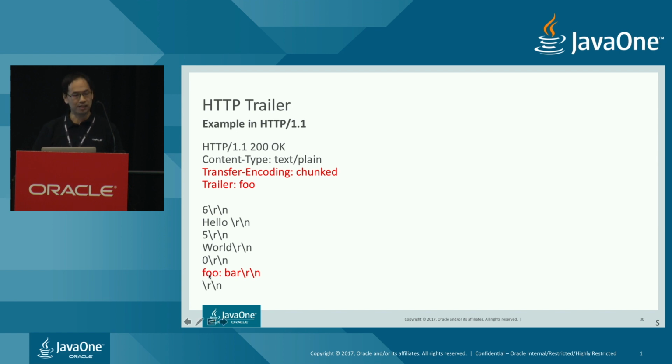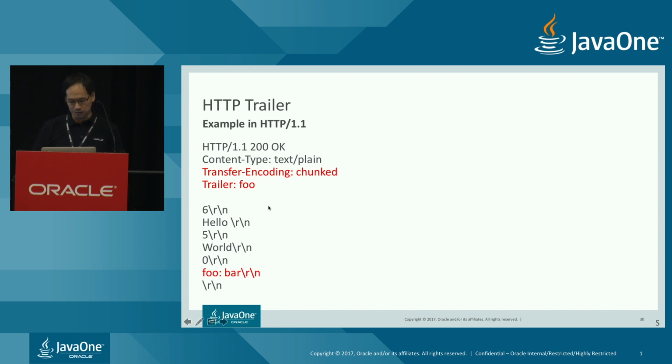The trailer is sent at the end called foo:bar. Foo is the name of the trailer, bar is a value. And then, in order to do this, in my header, I have to set a Trailer: foo to tell them that I'm going to send you a trailer field with the name foo. There is the meaning of the RFC statement that I described earlier.